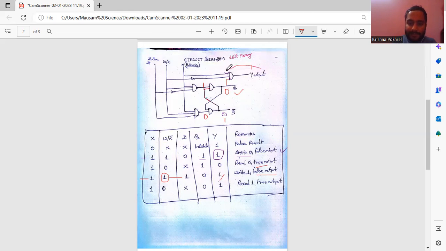Why I'm checking this part is because this IC gives the output. So while getting the value of output, we'll check only this thing. Here is 0. We have stored the value of Q, okay, memory is stored as 0, but we need to read 1 because we have given the data here.